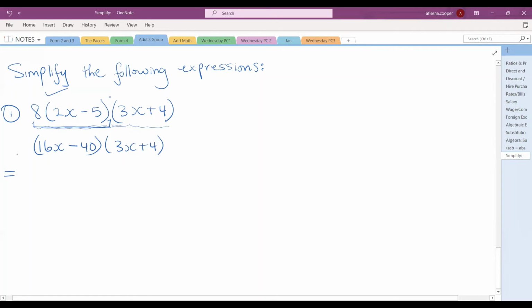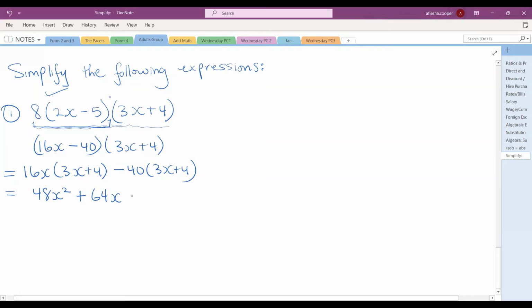We're going to say 16x by 3x plus 4 minus 40 by 3x plus 4, which will be 16 by 3 is 48x squared. 16x by 3x, 16x by positive 4, that's 64x.